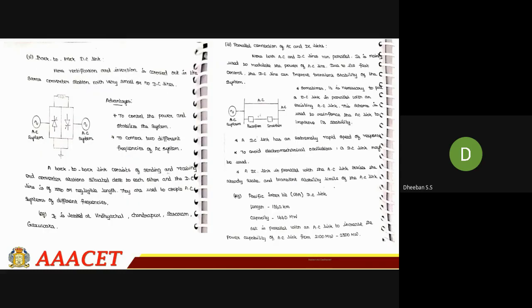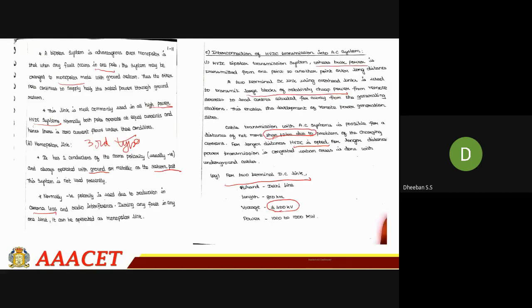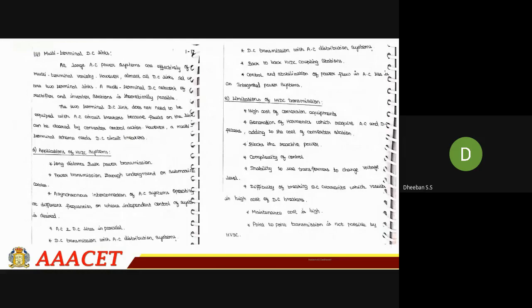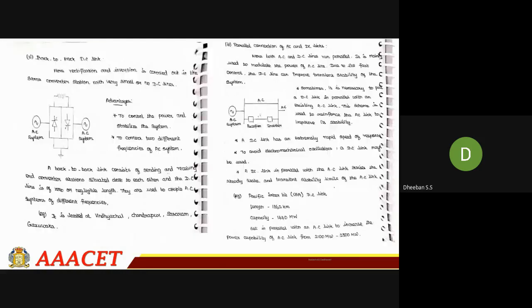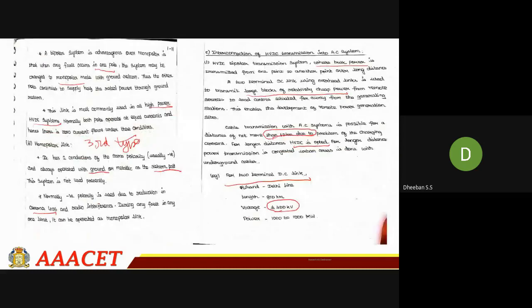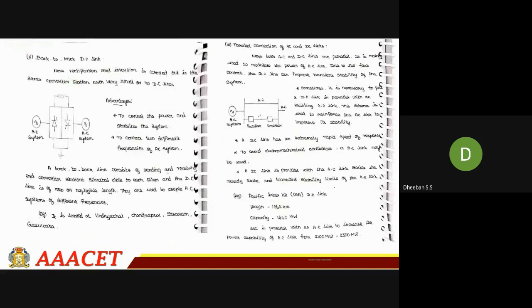The next is the back-to-back DC link. Regarding a back-to-back DC link, here rectification and inversion is carried out in the same converter.